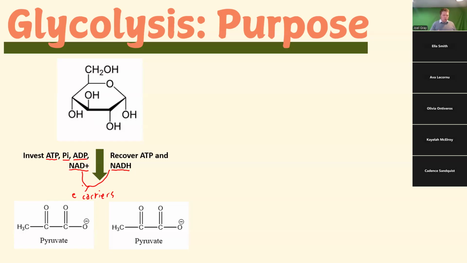Lots of what you're doing in glycolysis is to not only get ATP, but also to get this molecule right here, NADH. So at the end of glycolysis, we will have produced 2 pyruvate molecules. That accounts for all 6 of our carbons, but then we'll also recover ATP and NADH. NADH is an electron carrier, and so that's going to be very powerful.